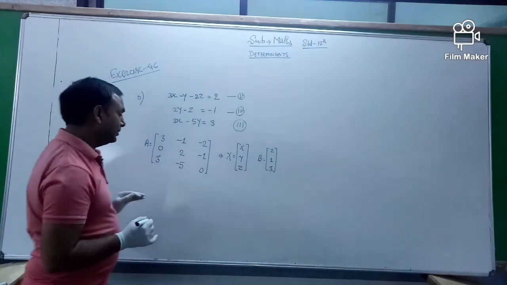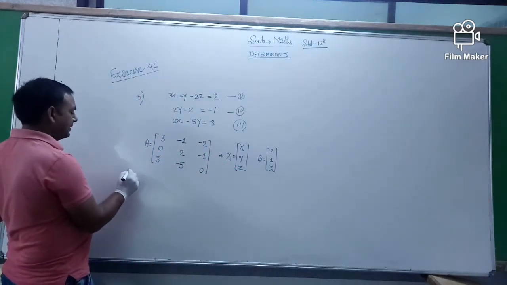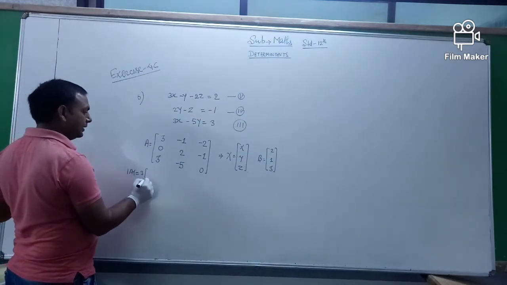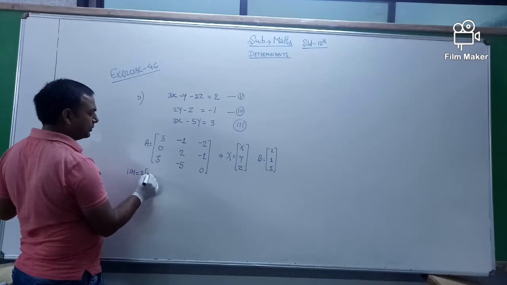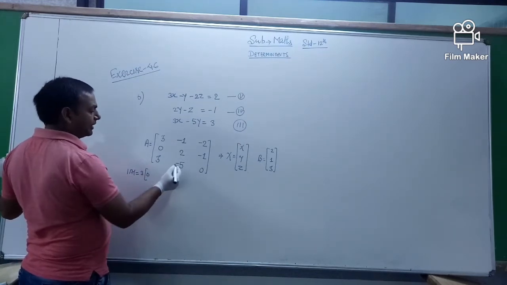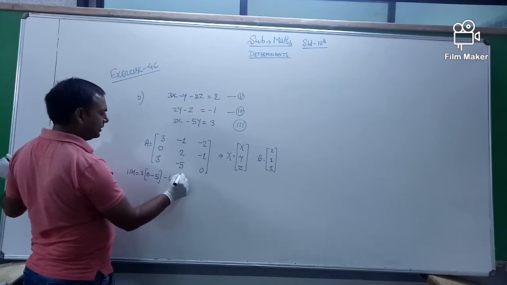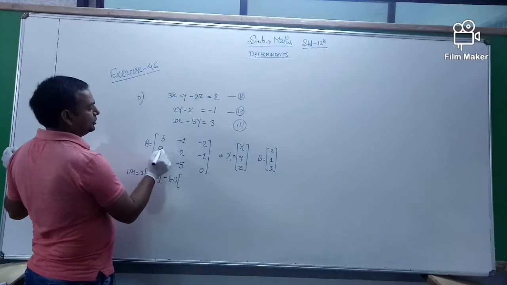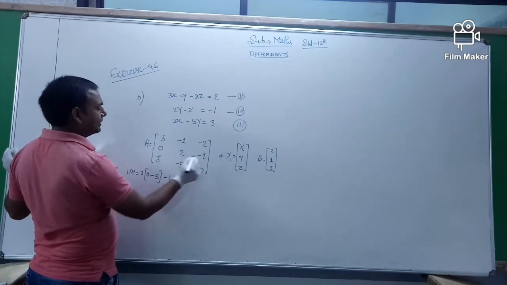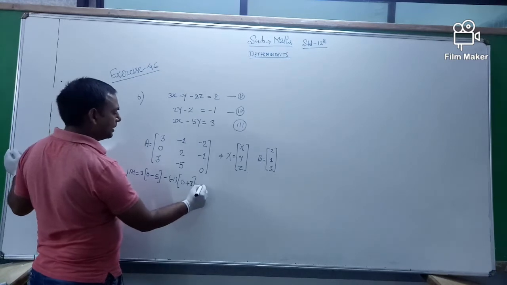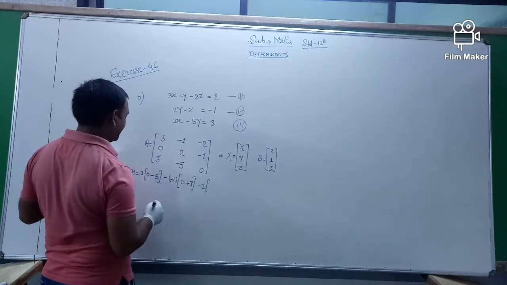First we find the mod A. The mod A is equal to 3, then 2 zeros are 0, 5 ones are 5 with negative sign, minus minus 1, then 0 zeros are 0 and 3 ones are 3, so plus 3, minus 2 bracket.